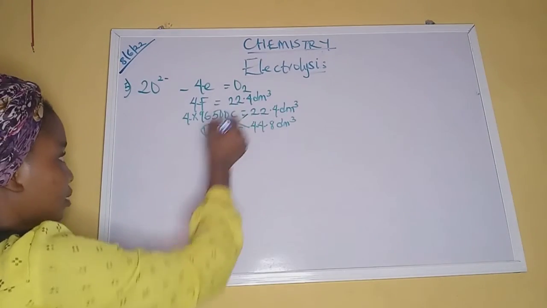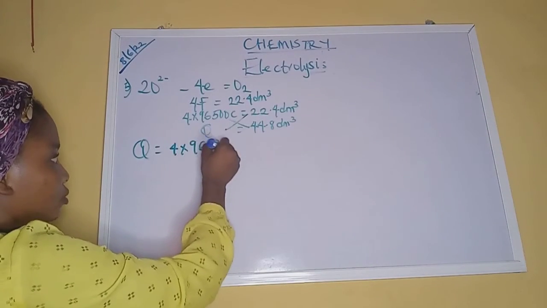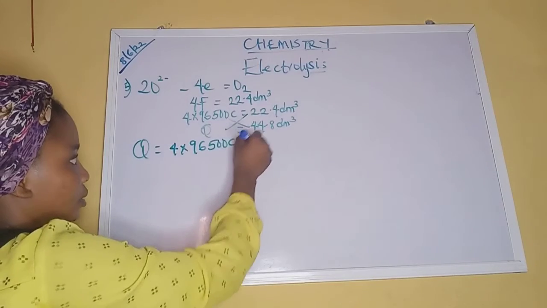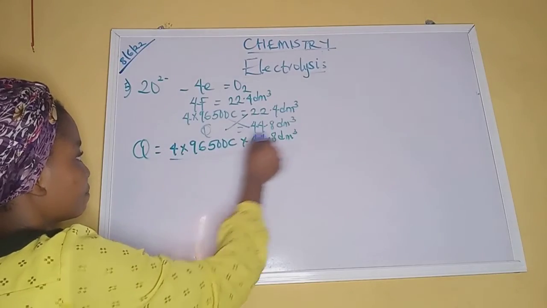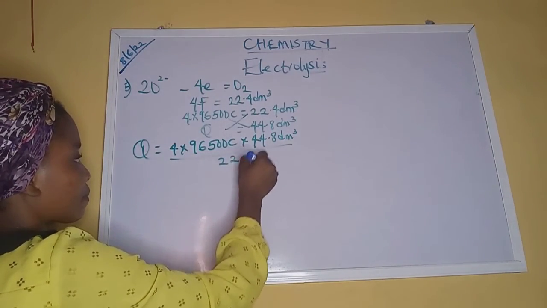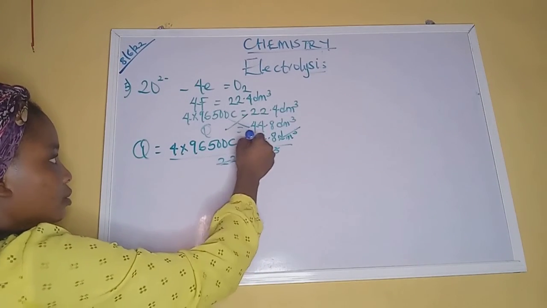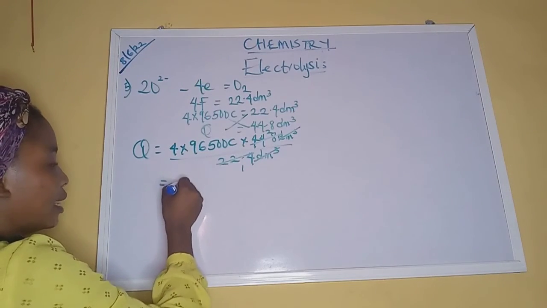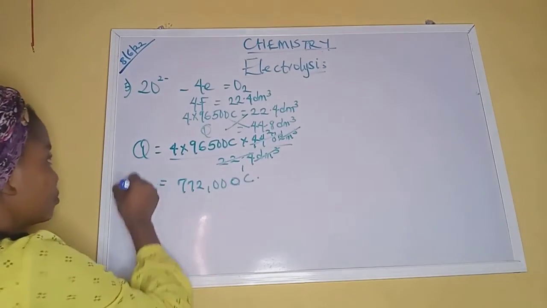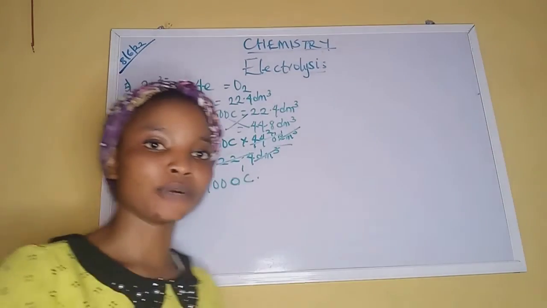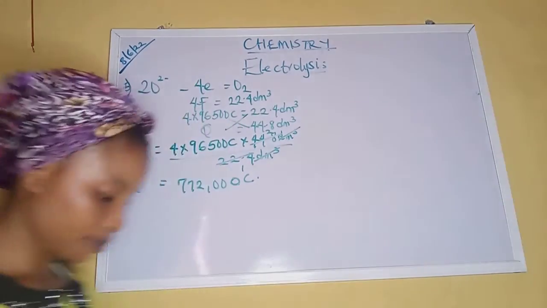So if I'm to look for my quantity by cross multiplying, I have 4 times 96,500 times 44.8 over 22.4. So I have 772,000 coulombs. To liberate 44.8 decimeter cube of oxygen, I'll need 772,000 coulombs.